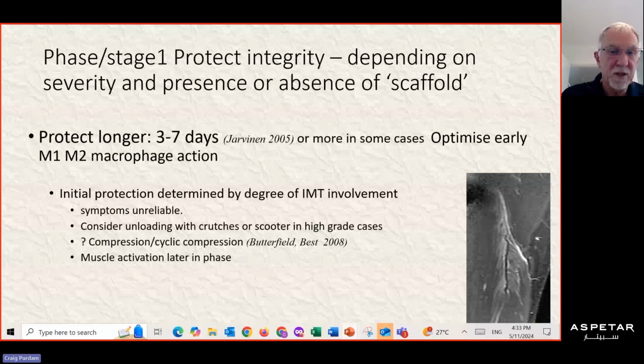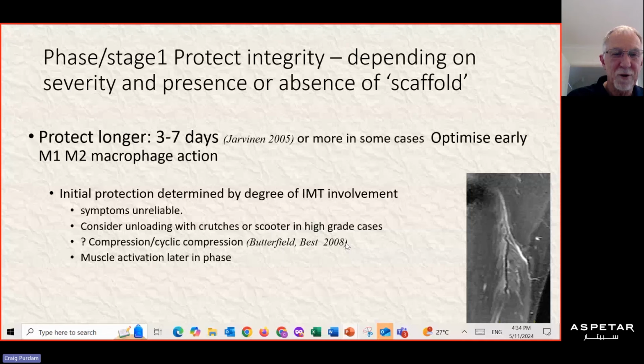So how might this affect us? We need more and longer initial protection, we can't rely on symptoms, and sometimes our imaging will help us with knowing exactly where we are in this particular case, and for the more severe cases, quite significant unloading.